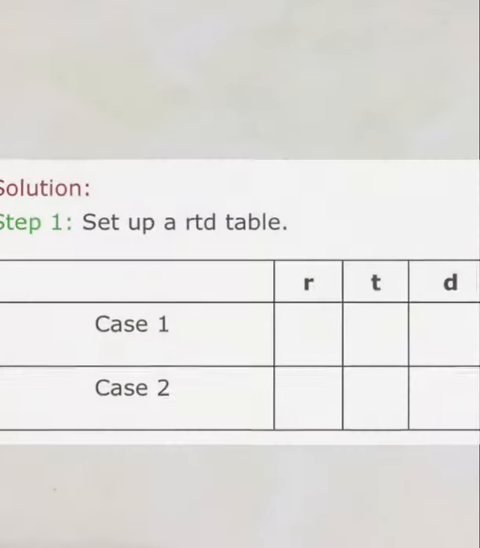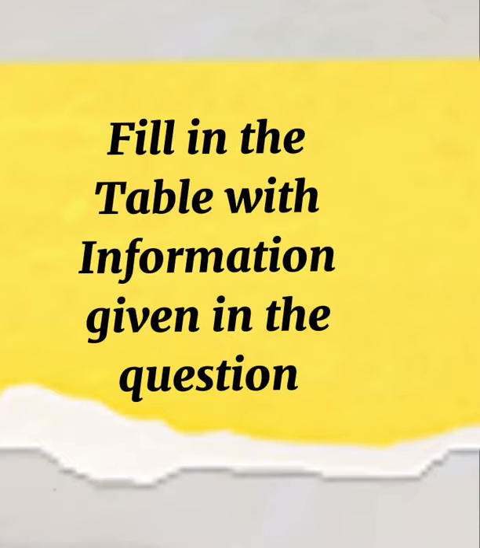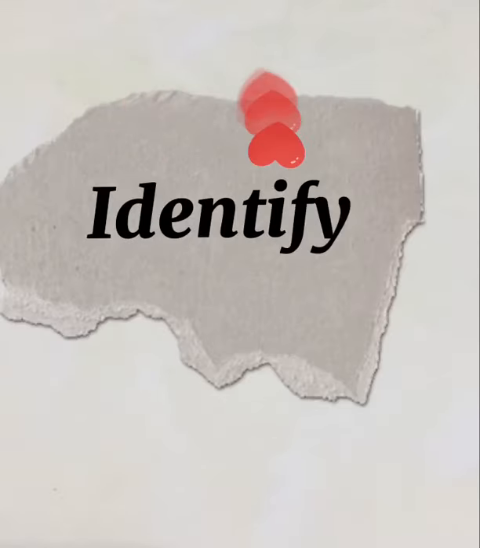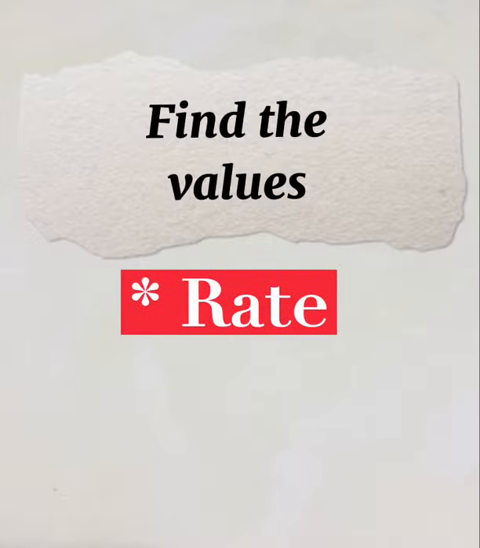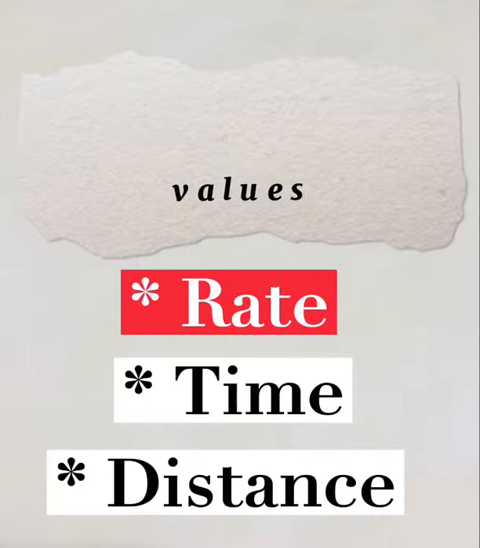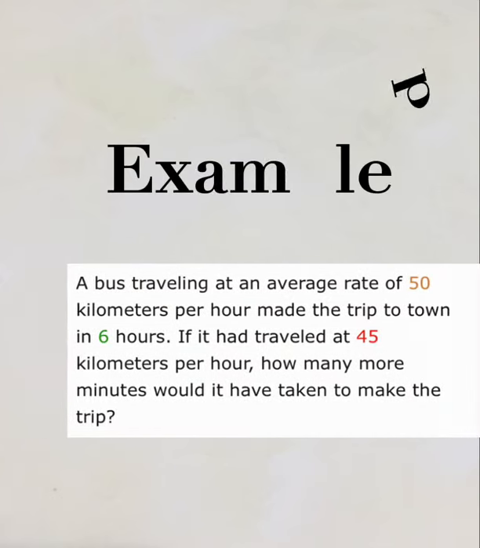Step 1, set up a table with rate, time, and distance, or RTD. Second step, fill in the table with information given in the question. In this step, we will identify the given and find the values for rate, time, and distance. In the given example, we have two cases.